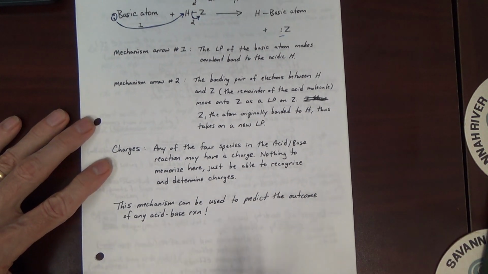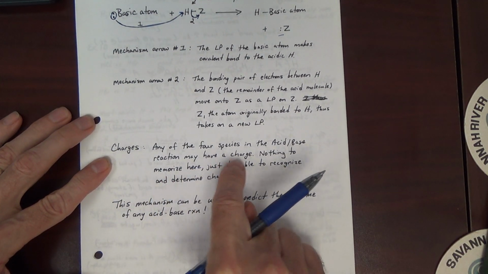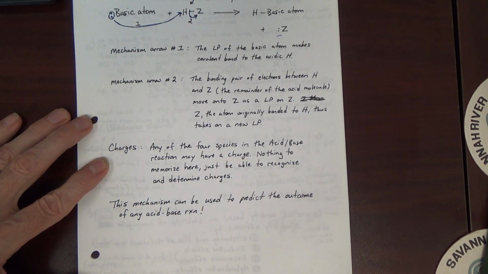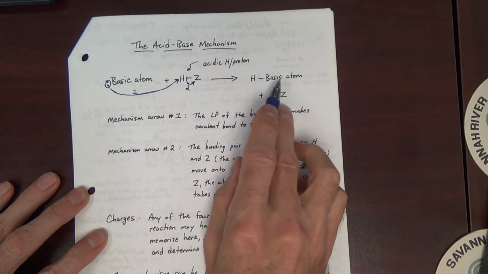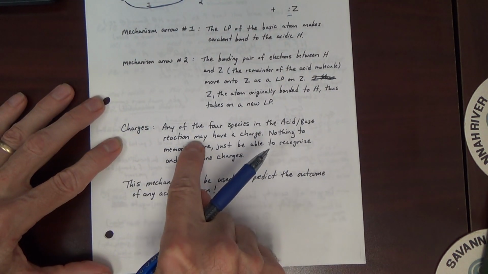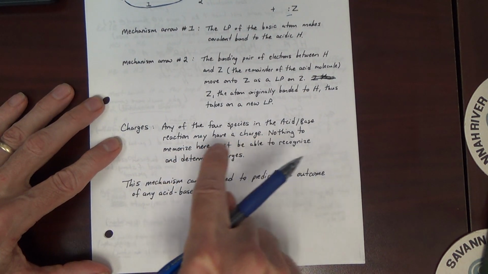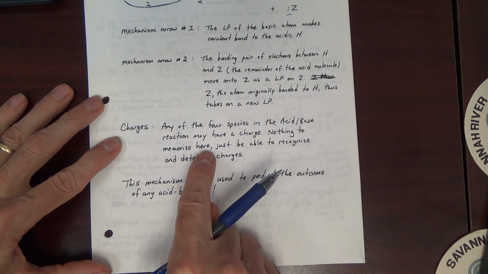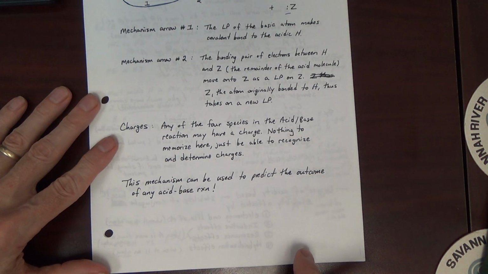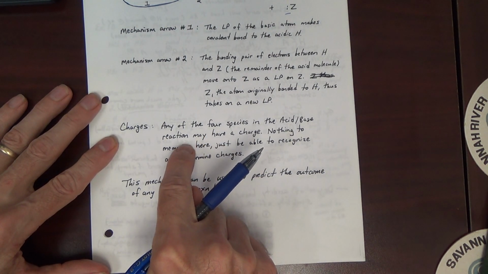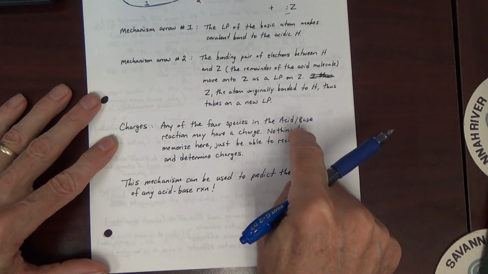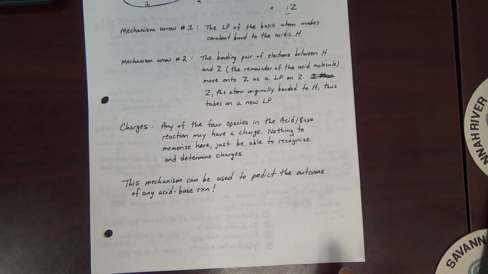Charges. Any of the four species in the acid-base reaction may have a charge. Nothing to memorize here, just be able to recognize and determine charges. In my generic mechanism, I'm not showing any charges. Now actually, usually in most acid-base mechanisms, particularly in organic, two of the species will be charged and two of them will be neutral. That is, very often maybe the acid or the base is neutral, and then either the conjugate acid or conjugate base will be charged.